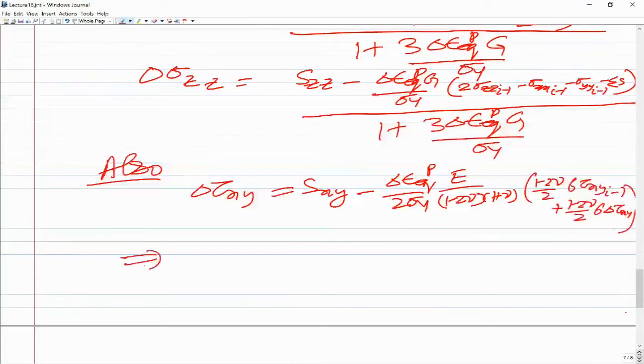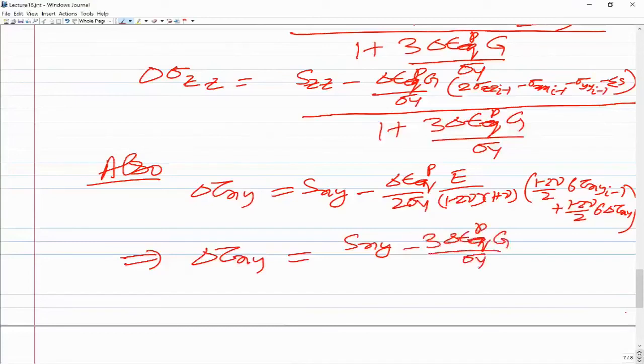From this you will be able to say that delta tau xy will be equal to sxy minus 3 times delta epsilon equivalent p into g upon sigma y into tau xy at I minus 1, and the whole thing is divided by 1 plus 3 times delta epsilon equivalent p into g upon sigma y.